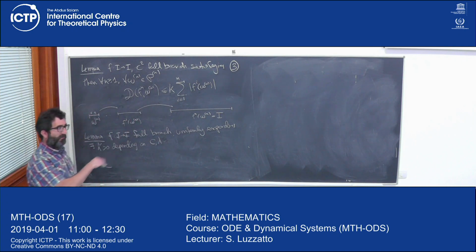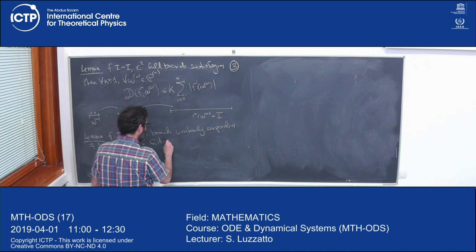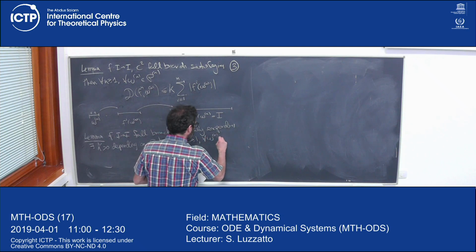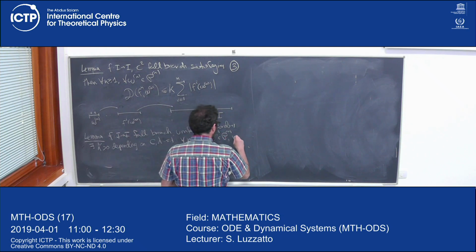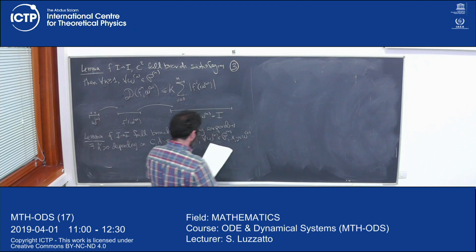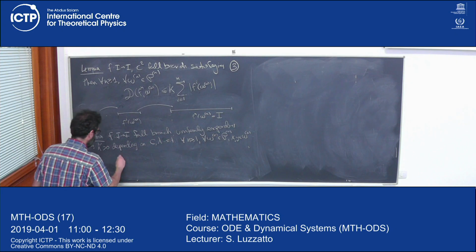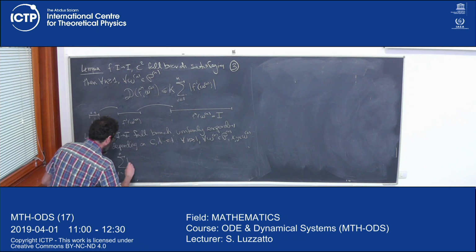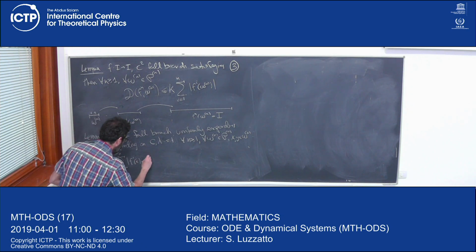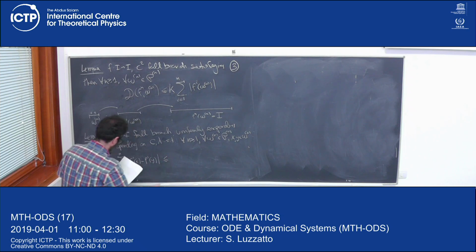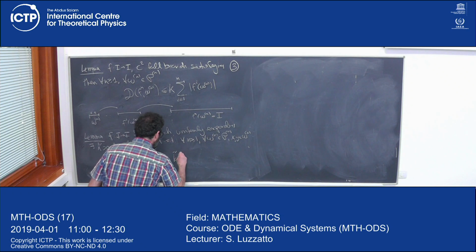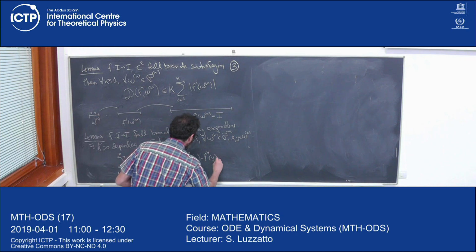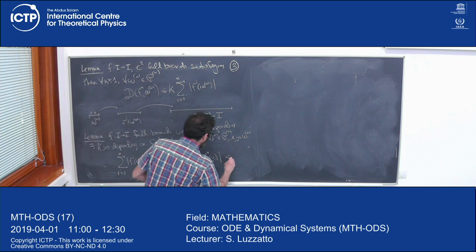Remember C and lambda are the constants that define the uniform expansivity. Such that for n greater than or equal to 1, for all omega n in Pn, and for all x, y in omega n, we have that the sum for i equals 1 to n of fi x minus fi y is less than or equal to k tilde times fn x minus fn y, which is just less than or equal to k tilde, right?